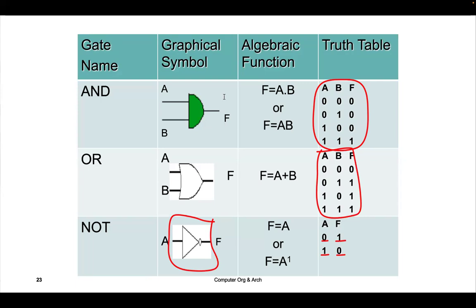Then when we went to the OR gate, the condition is that it is true if one or both inputs are true. And when we came to the NOT gate, you realize that if the input is one or true, then the output must be zero or false, and vice versa.